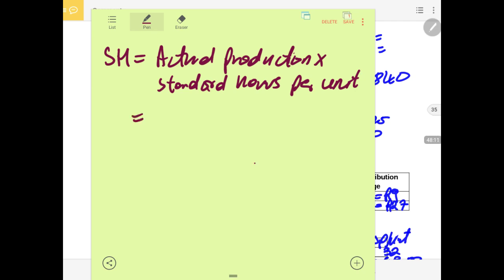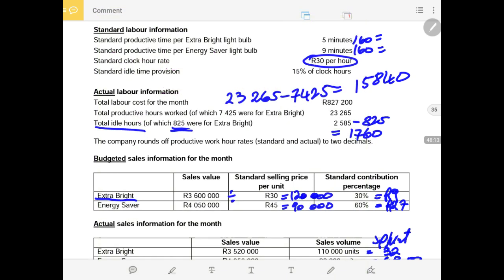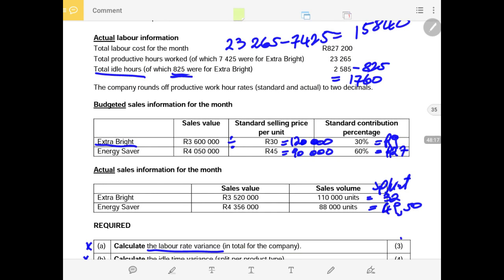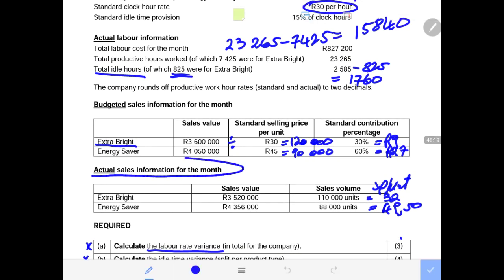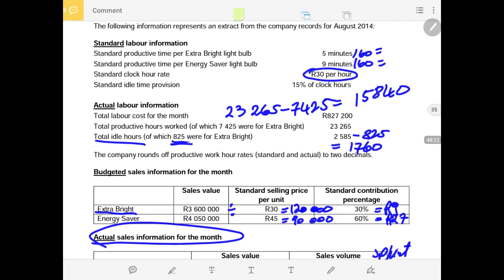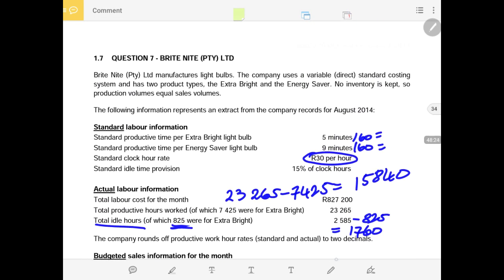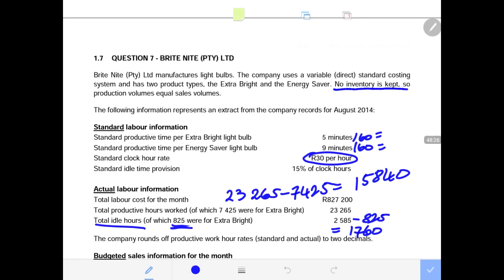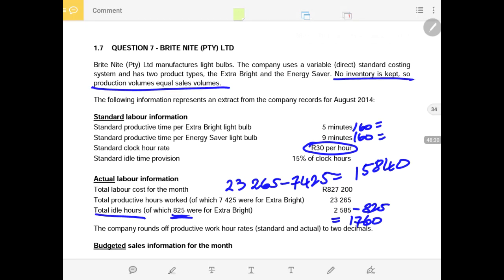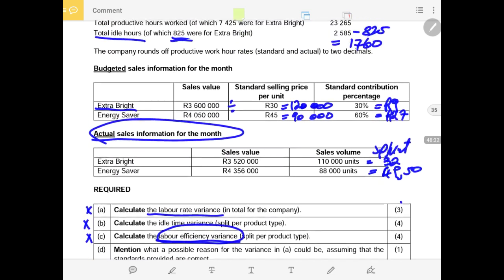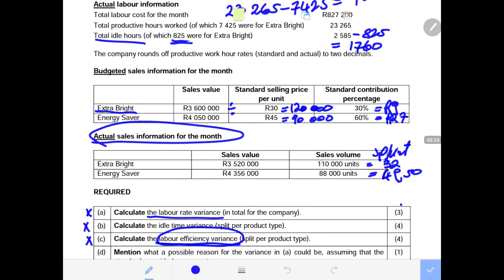Now we know that actual production was 100 and something thousand units that were actually manufactured. Remember, they told us that there is no closing inventory. I want to remind you of that. No inventory is kept, so production volume equals sales volume. So whatever we sell is what was produced. So now this is our actual production, which is equal to our sales.